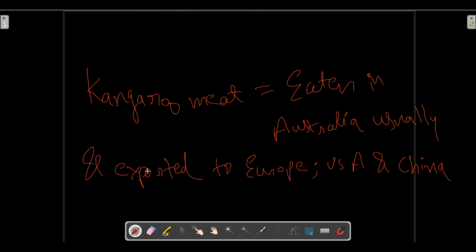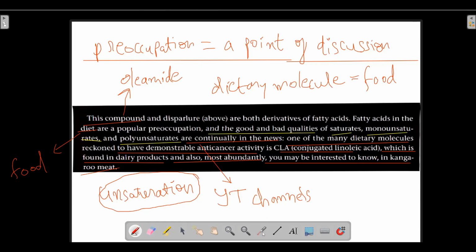It is eaten in Australia and exported from Australia. So this is the thing: Indians do not know about kangaroo meat.